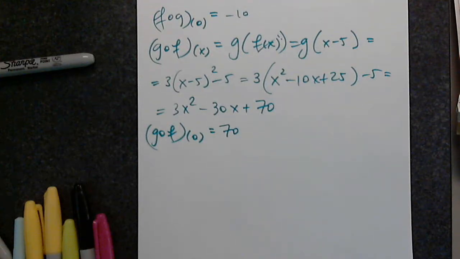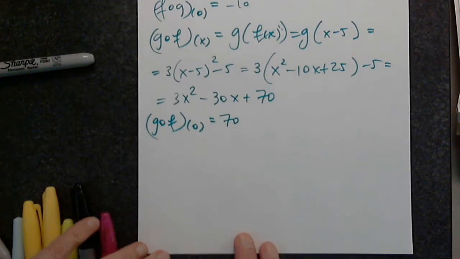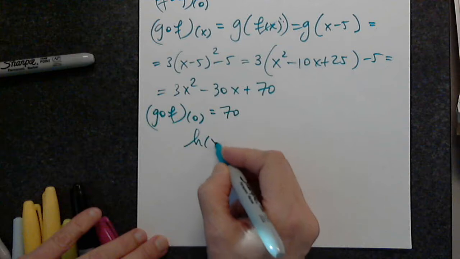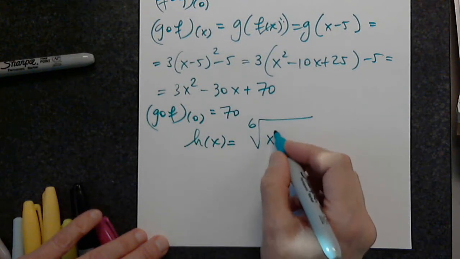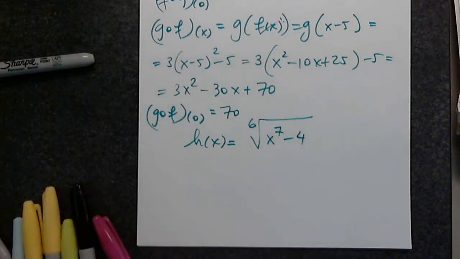Any questions? Problem 4. We are given a function, which is h of x, which is the 6th root of x to the 7th minus 4. They want us to decompose. It says, express the given function h as a composition of two functions, f and g, where one of the functions is such and such.